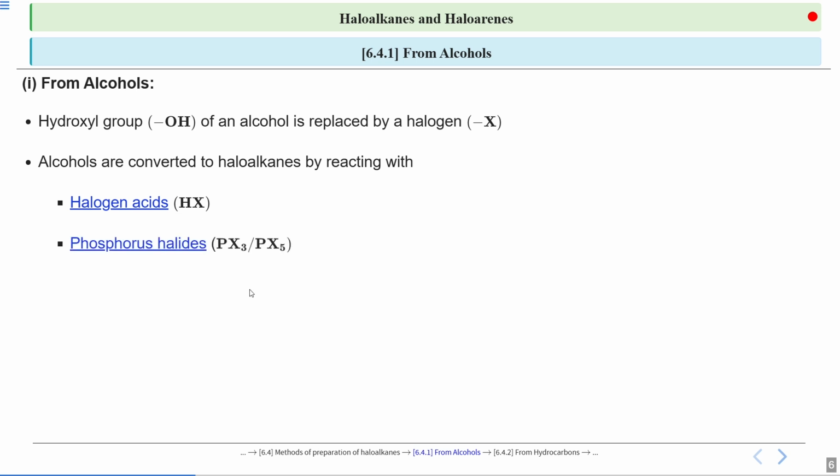Second, you can also treat the alcohol with the phosphorus halides, PX3 or PX5, in both the tri or penta halide form, to form the haloalkanes. And lastly, you can also react the alcohol with thionyl chloride, that is SOCl2, to get the desired haloalkanes. So these are the three different reagents with which you can react the alcohol to get haloalkanes as your product. Let's see them one by one.